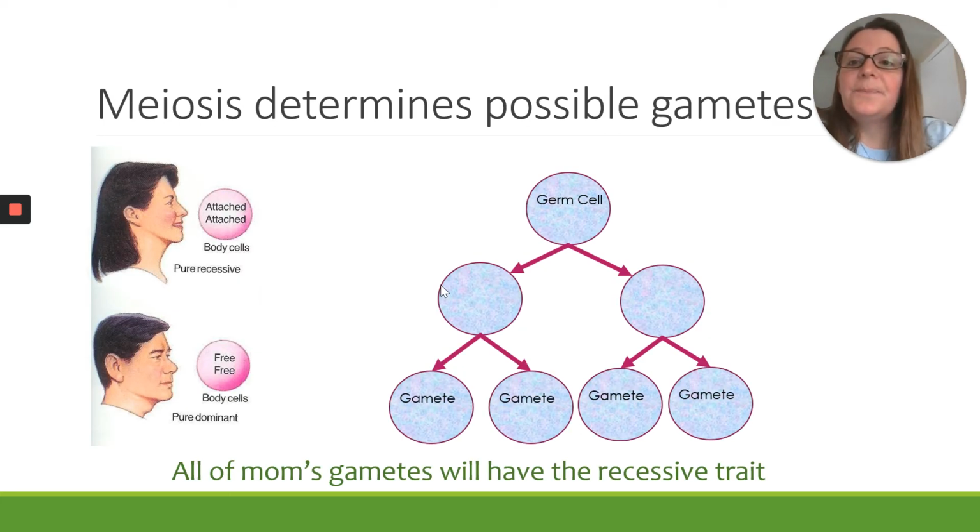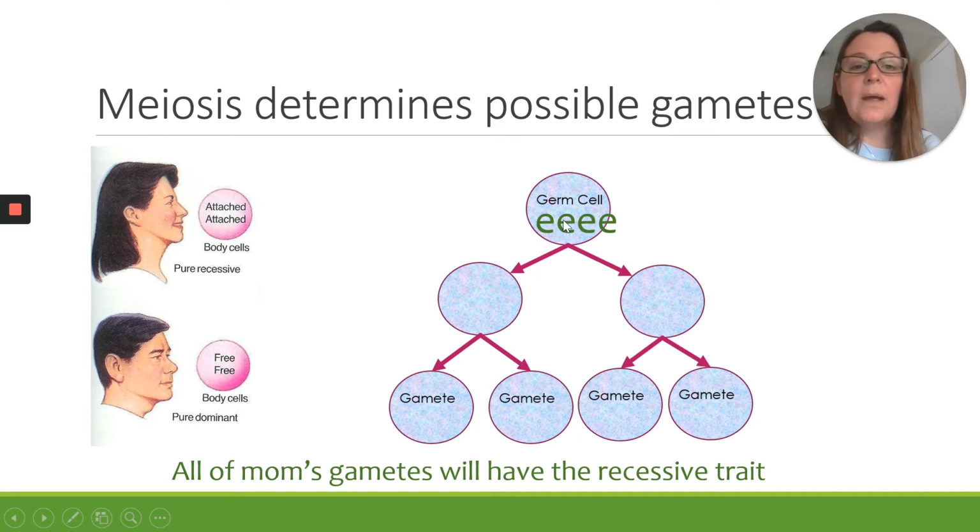All right. So the first thing that we have to do when we talk about Punnett squares is actually go back to meiosis. So here we go. In meiosis, we start with the germ cell. So this occurs in the ovaries for us ladies and in the testes for the guys. You have the germ cell. And we're going to go with mom here.